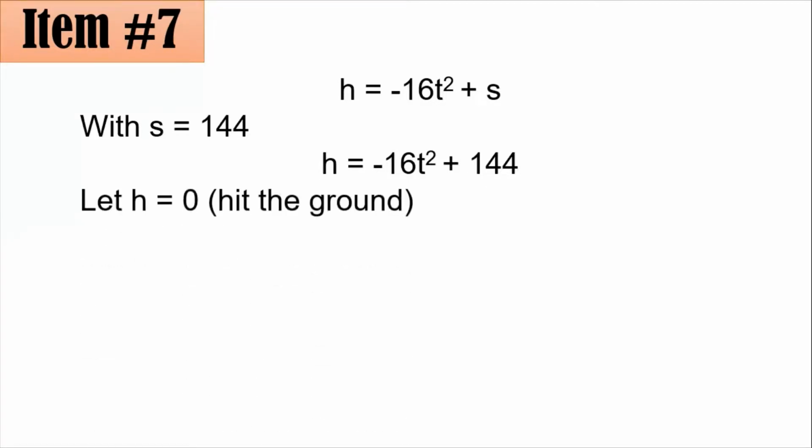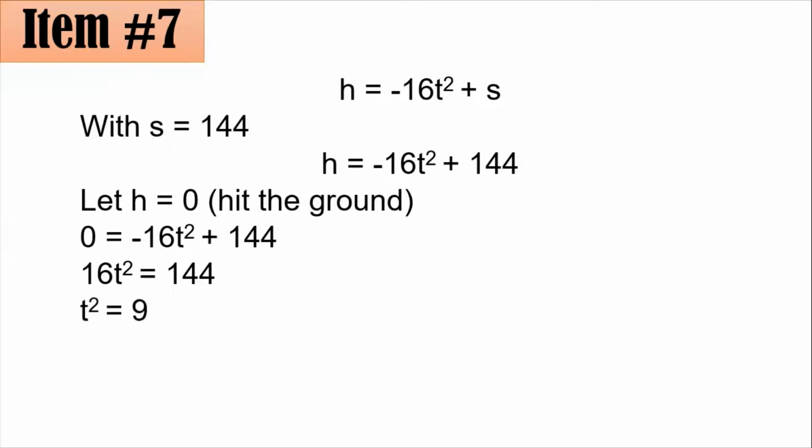But since the stone will hit the ground at a certain time, and when it hits the ground, its height from the ground is 0, we will replace this h with 0, and you arrive at 0 equals negative 16 t squared plus 144. Adding 16 t squared to both sides, you have 16 t squared equals 144. Dividing both sides by 16, we have t squared equals 9.